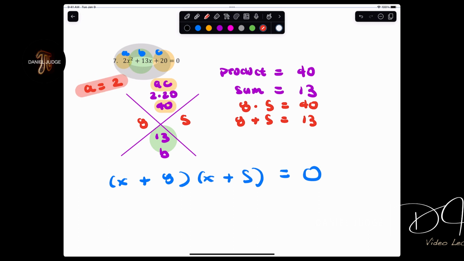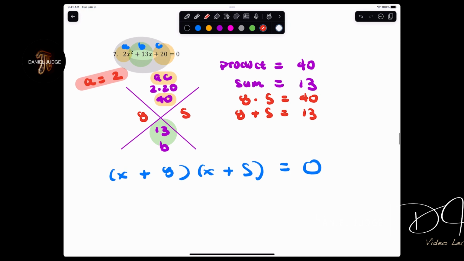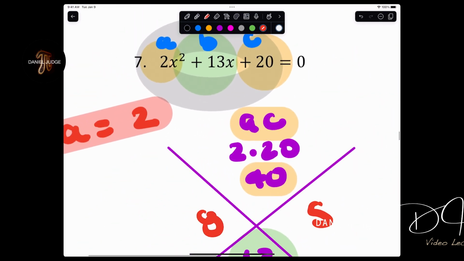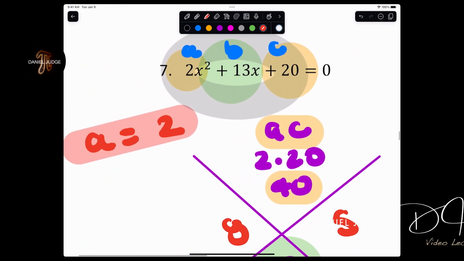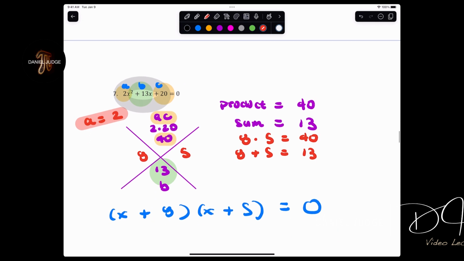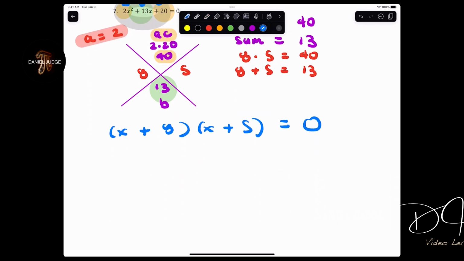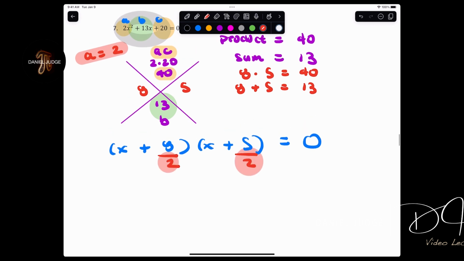Since the a value is not 1 and the a value is 2 here, right? We know a is 2 now. This is what we need to do with the crisscross method. We're going to go to the two numbers we found here and divide by a. This is a. You have to divide by a. And in this case, a is 2.